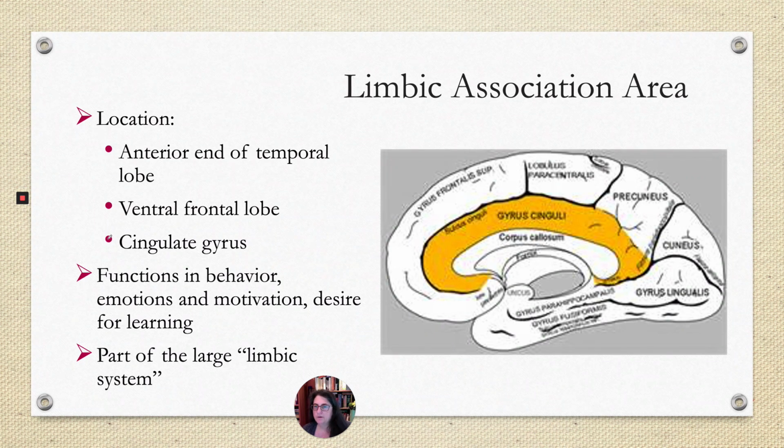The anterior part of the temporal lobe, the ventral part of the frontal lobe, so down in this area, and the cingulate gyrus, which is that gyrus that lies above and around the corpus callosum. And here it's highlighted in yellow. And this is associated with the limbic system, as you might guess, and the limbic system has to do with drive, motivation, emotions, and things of that nature. We are going to have a section on the limbic system specifically, so we'll elaborate on that then.